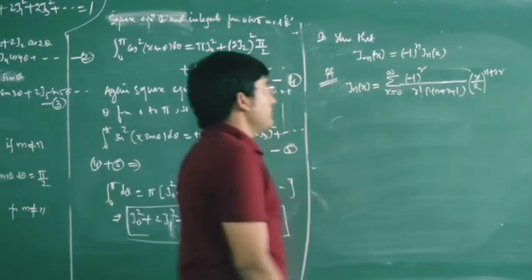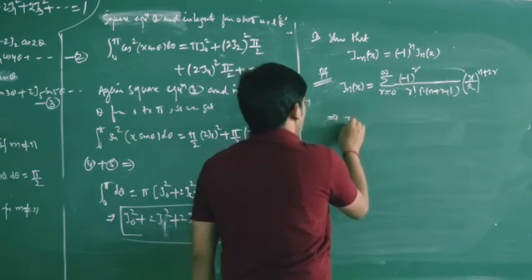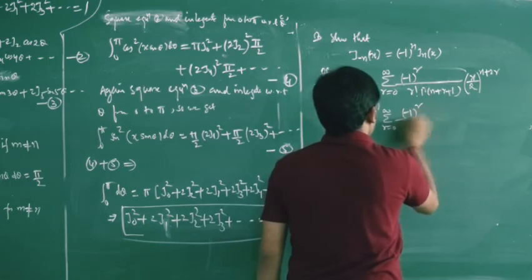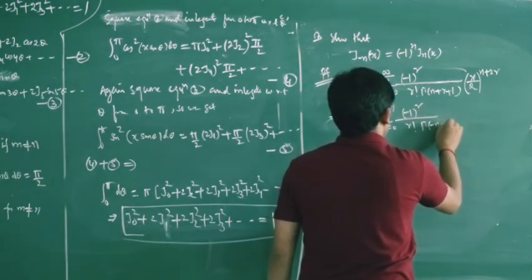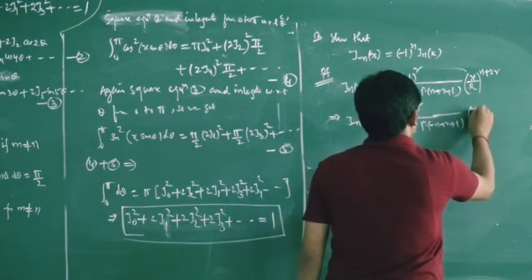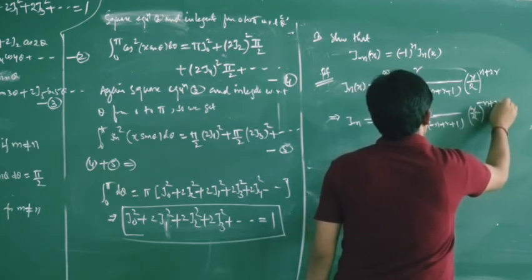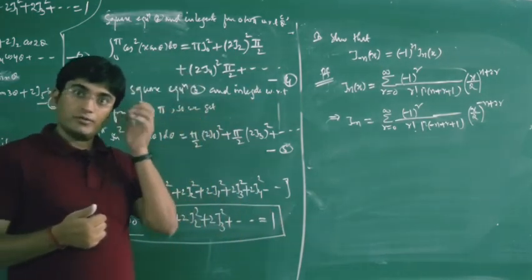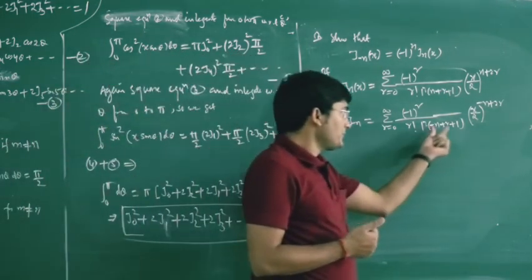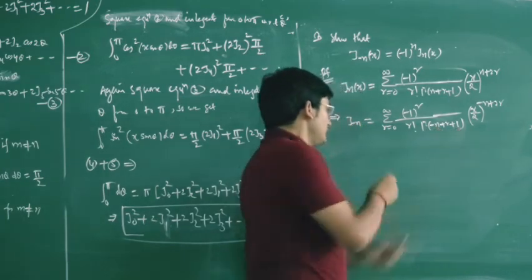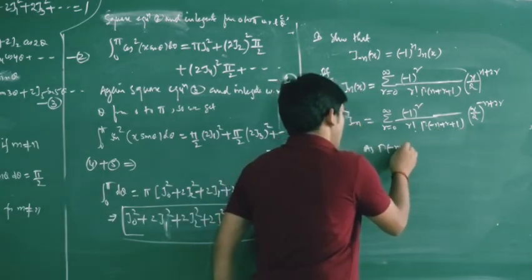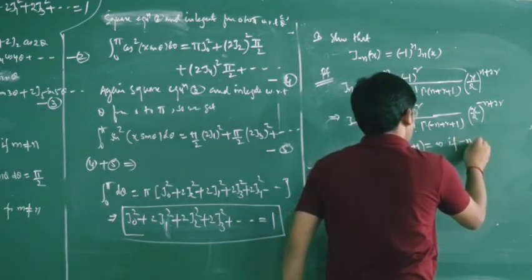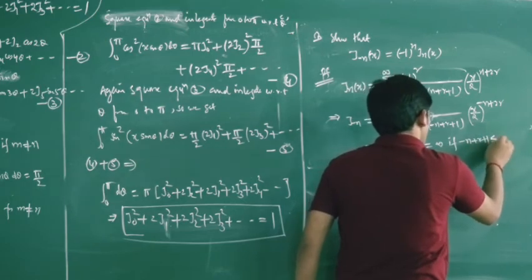So if we replace our n by minus n, then we will have J minus n equal to this one. Now, as we know that gamma is not defined for 0 or negative numbers, this gamma of minus n plus r plus 1 will be infinity if minus n plus r plus 1 is either 0 or less than 0.